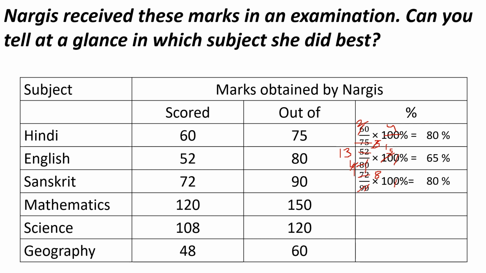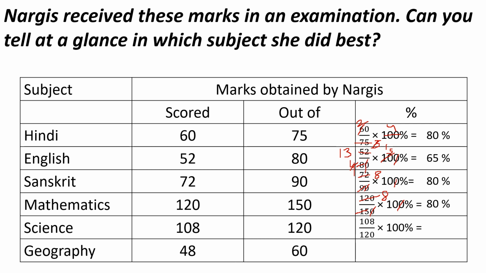Now we will find the percentage in mathematics. 120 by 150 multiplied by 100. Just solve this. 0 and 0 will be cancelled. Now we can easily solve and that is 80% because we know that 15 8s are 120, right? So it is 80%.